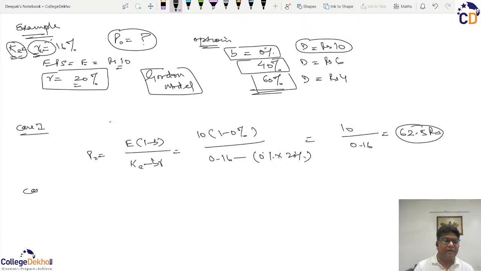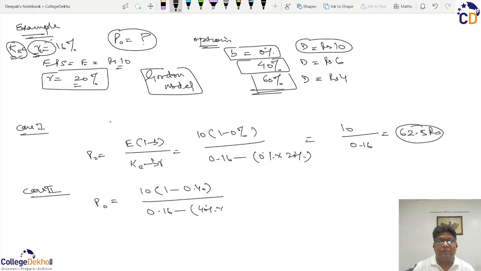Now if we take case 2 here, the P0 will be E is 10, so now 1 minus 40%, that is 0.40, upon KE is 0.16 minus 40% multiplied by R. So this will be 6 upon 0.16 minus 0.064.